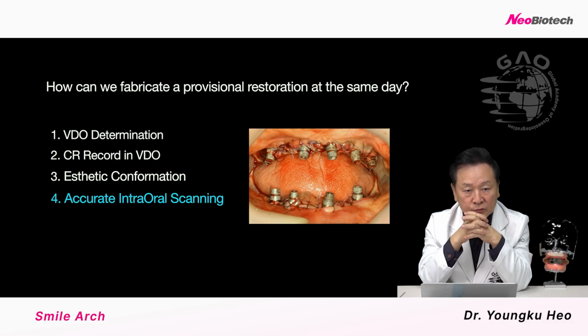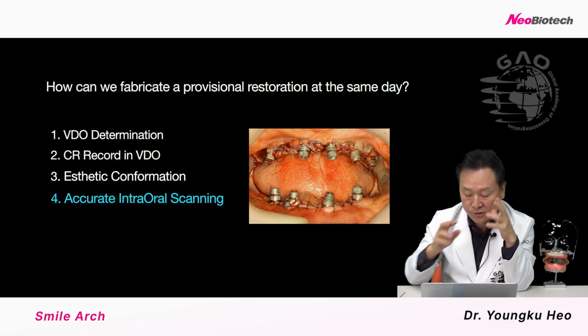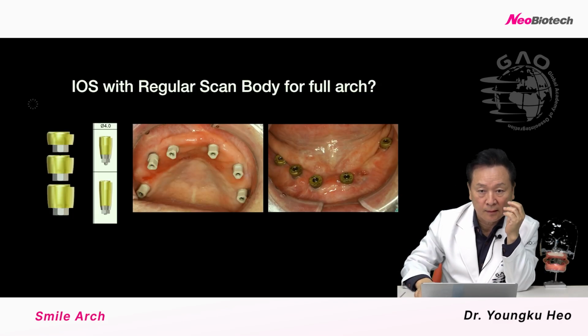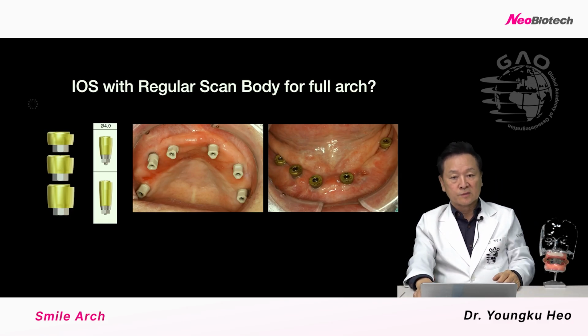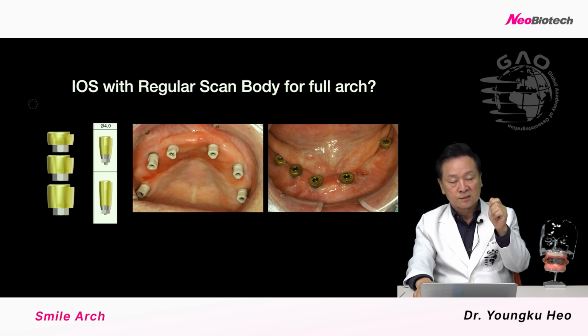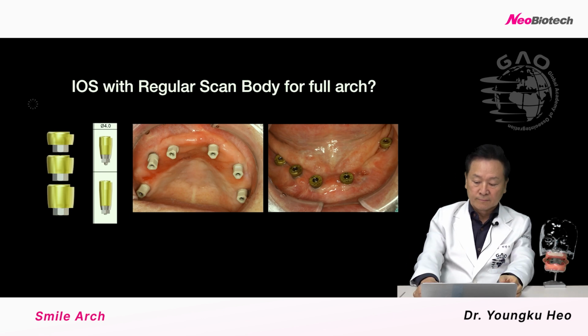Another topic is how to get accurate intraoral scanning after the surgery. As you know, it's a very difficult job. Obviously, it is not a good way to make an intraoral scan using a regular scan body.